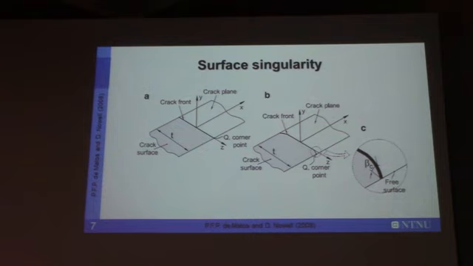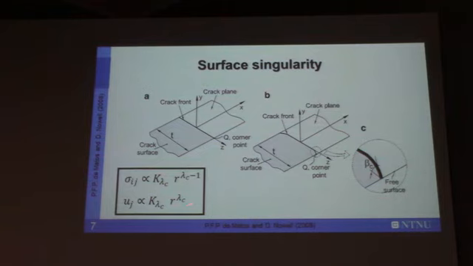They characterized it by using spherical coordinates, the stress field and displacement field, and they saw that we have a different stress singularity, which depends on the Poisson's ratio and an angle beta, which is the angle at the intersection of the crack front with the free surface.